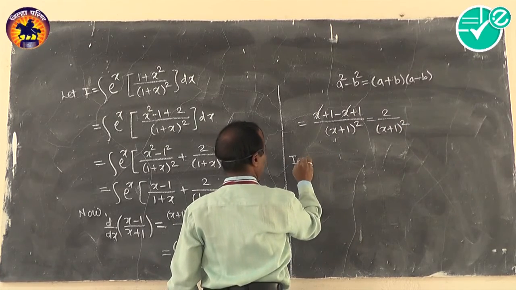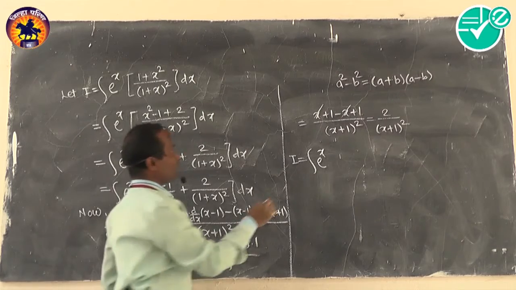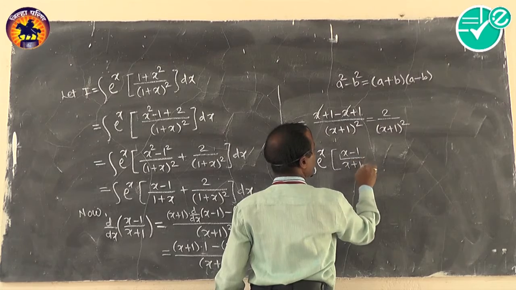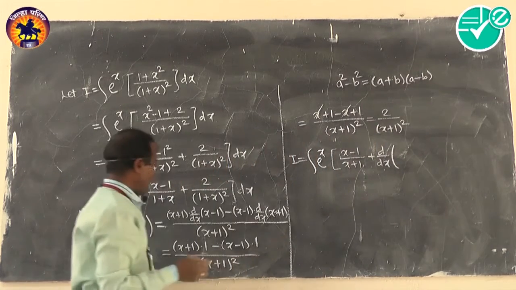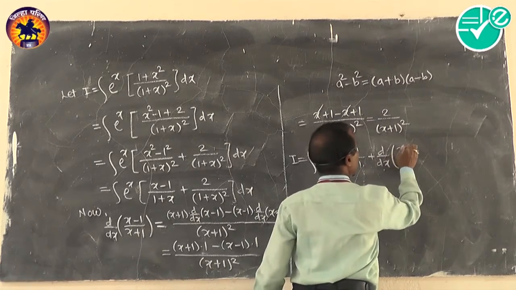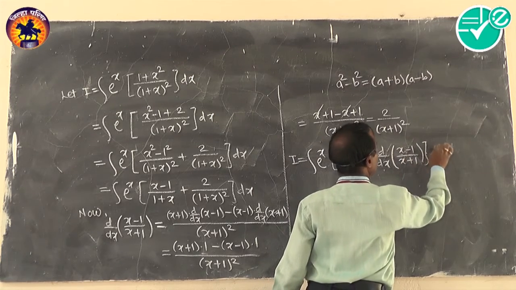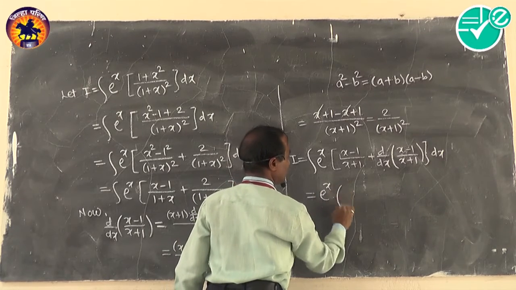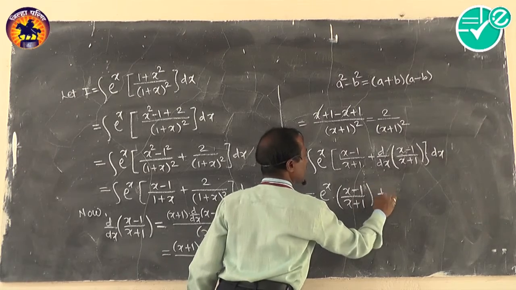Therefore I can be written as integral of e to the power x into [x minus 1 upon x plus 1 plus d by dx of 2 upon (x plus 1) bracket square, which is the derivative of this function, x minus 1 upon x plus 1] into dx, and integration of this function is e to the power x into x minus 1 upon x plus 1 plus c.